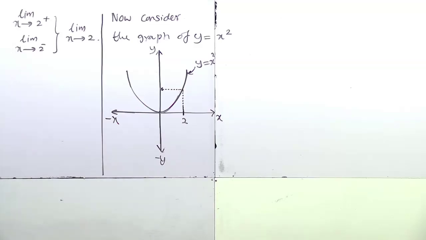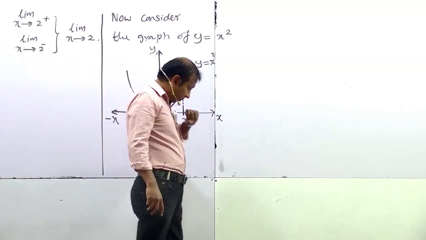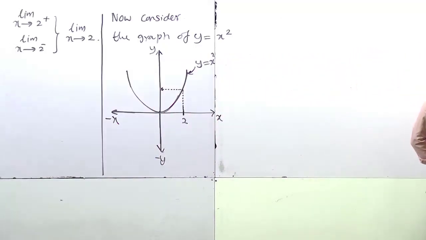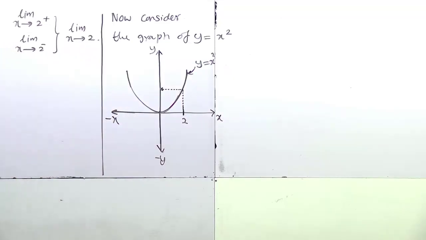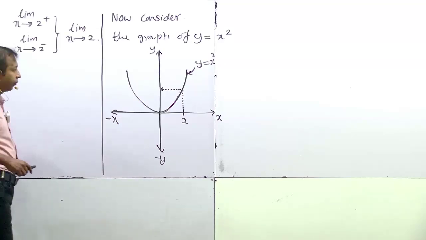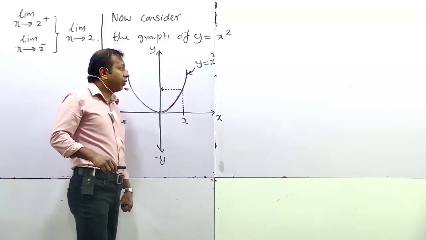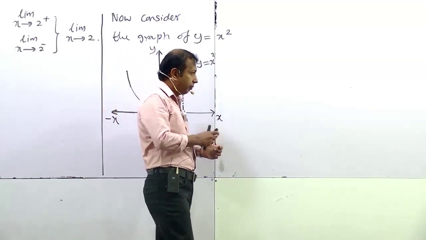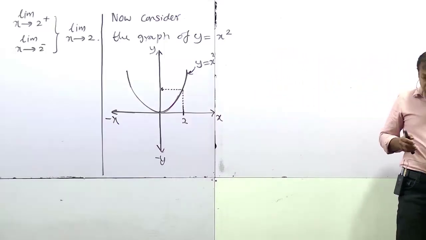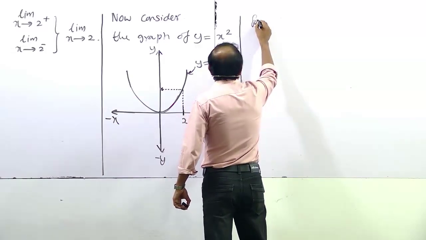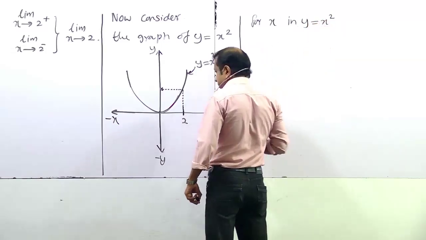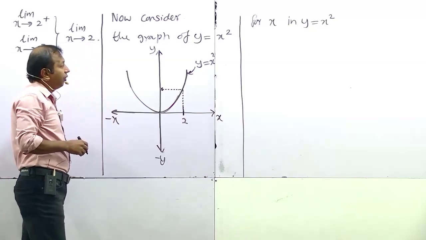Now write down like this. The y value of the graph when x is 2 can be calculated by substituting x equals 2 for x in y equals x squared.